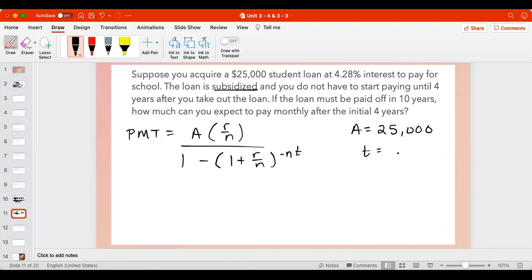T is going to be the time. And it's not the 4 years that you're in school, it's the time that it takes to pay this money back, which is this 10 years here. Okay, N is going to be 12 for all of these problems. And R is your interest rate, which is given right here, 4.28% or 0.0428. I think we have all of the variables.